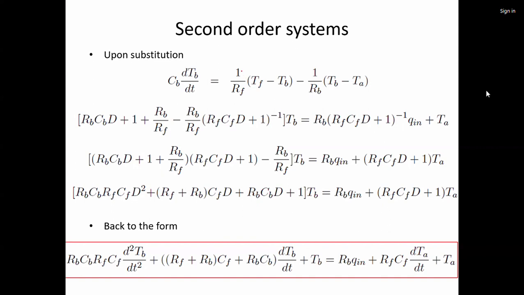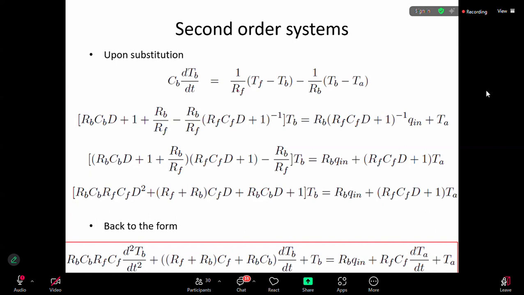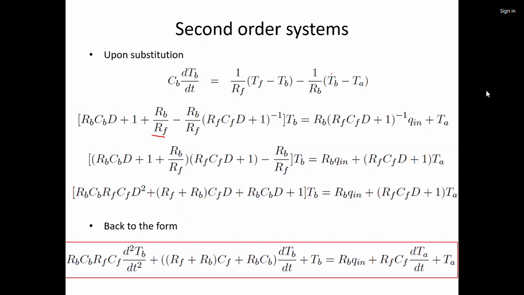Then you have RB over RF minus TB. So that minus RB over RF into TB goes to the other side, becomes plus. So that is here. And this, when you multiply RB, becomes just TB.